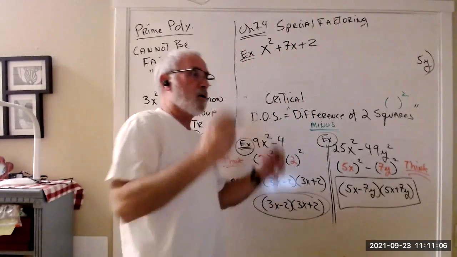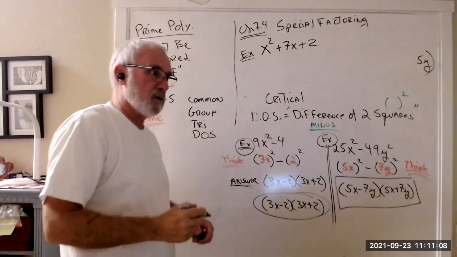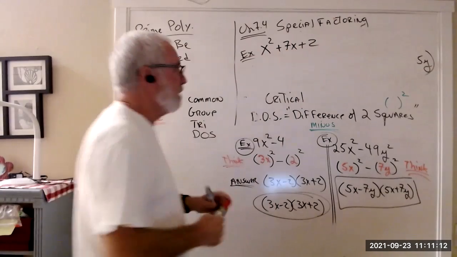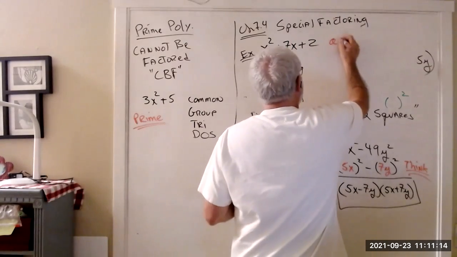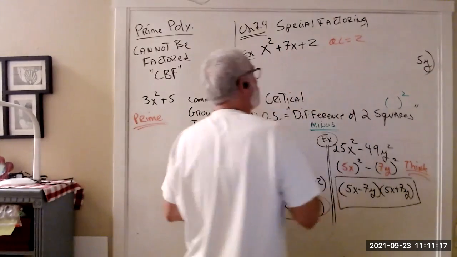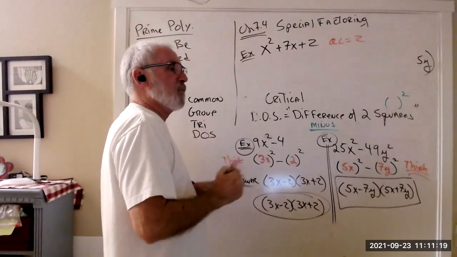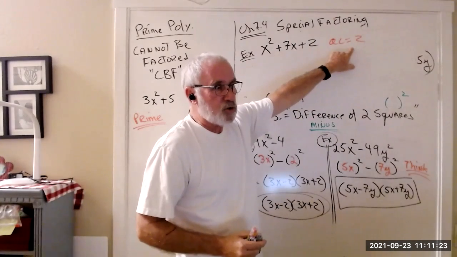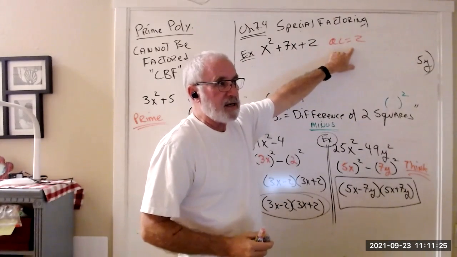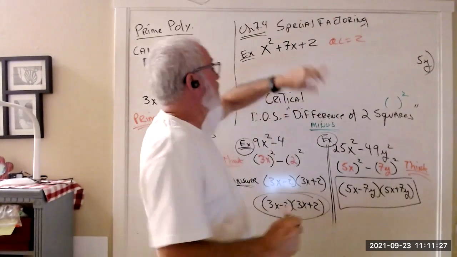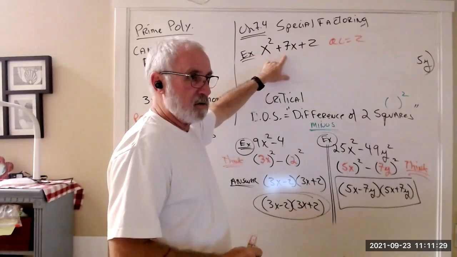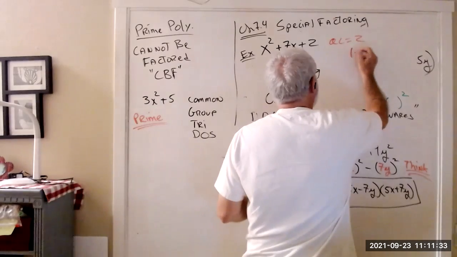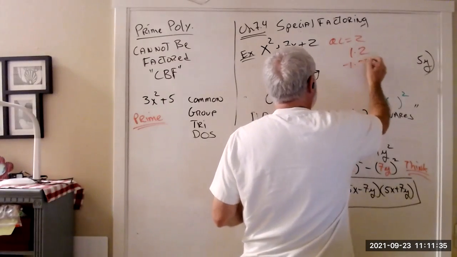And you go, oh, it's a trinomial. I can use AC on it. Well, all right, fine. AC is 2. Is there anything that multiplies to make 2 and adds or subtracts to make 7? The only things I know of that multiply to make 2 are 1 times 2 and -1 times -2.